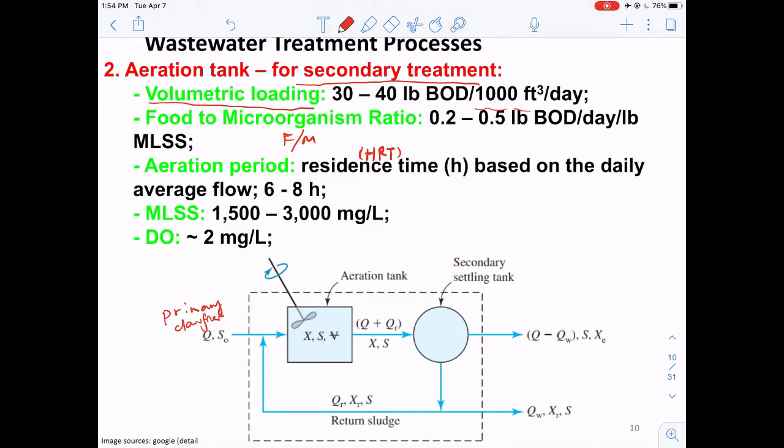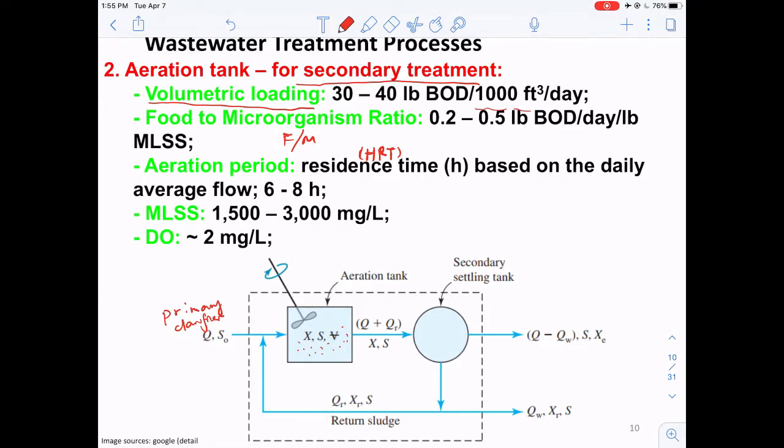So in the aeration tank, this is a completely mixed reactor here, okay? So the bacteria are going to grow because we provide the food there, and then the BOD value are going to drop, okay? So because of that, we're going to basically form more mass or form more suspended solids because we're converting those dissolved organics into the bacteria, which are solid themselves.